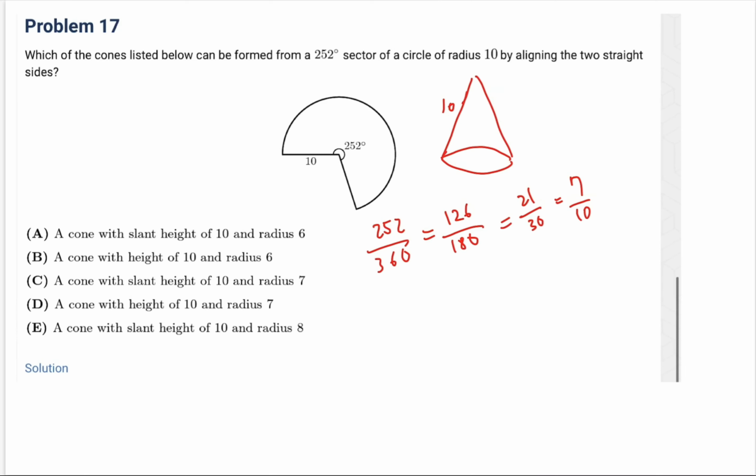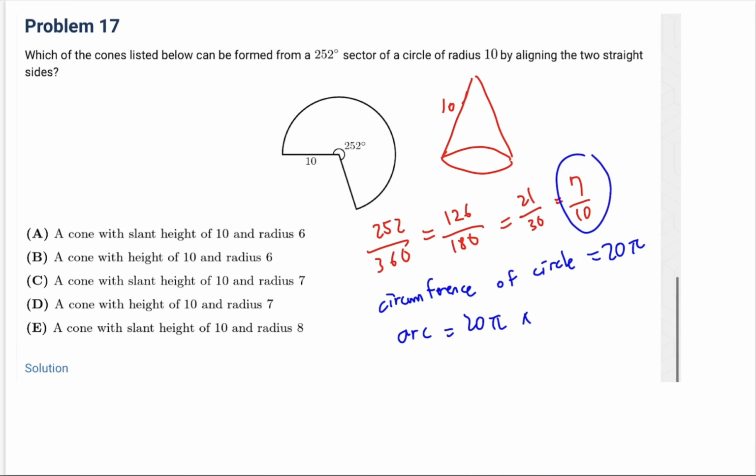So the circle of radius 10, the total circumference of the circle equals 20 pi, right? But then the length of this arc equals 20 pi times 7 over 10, which equals 14 pi.